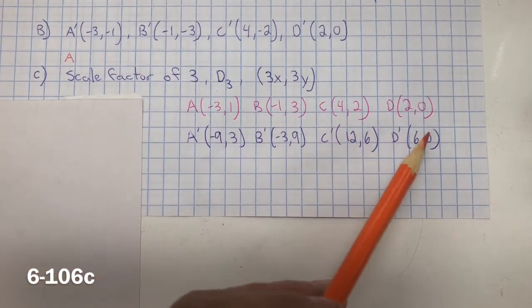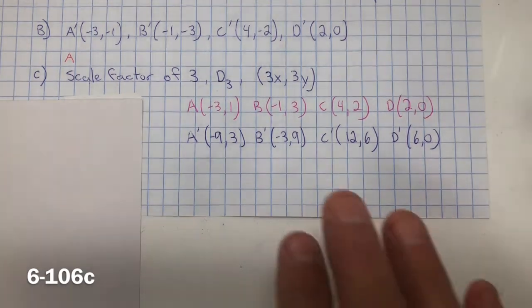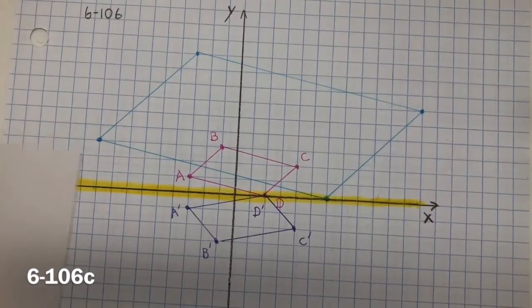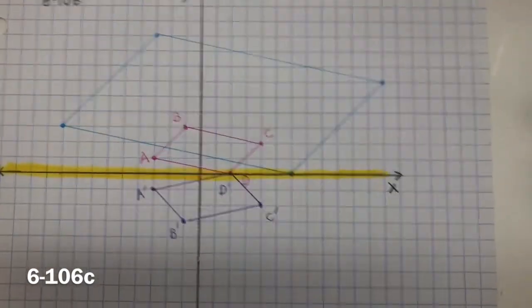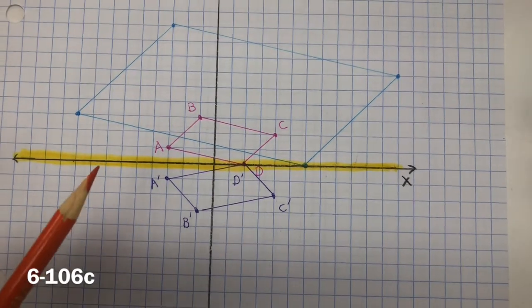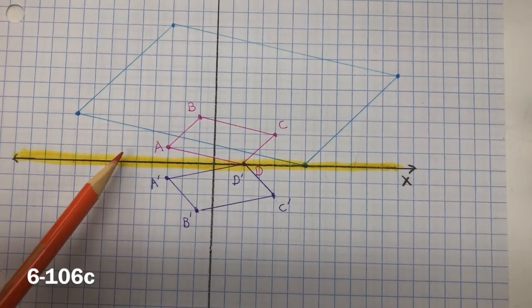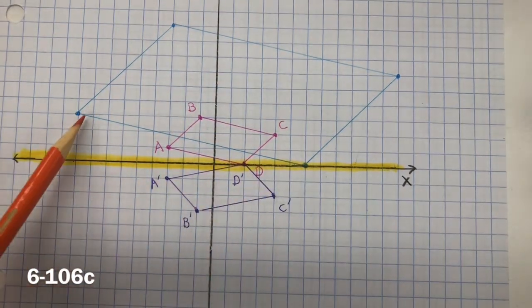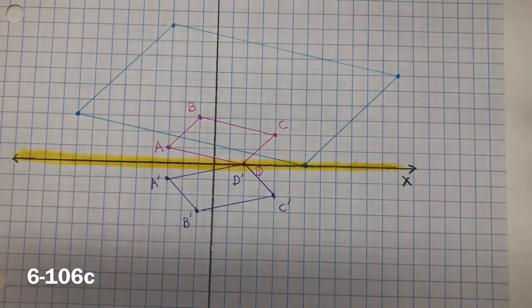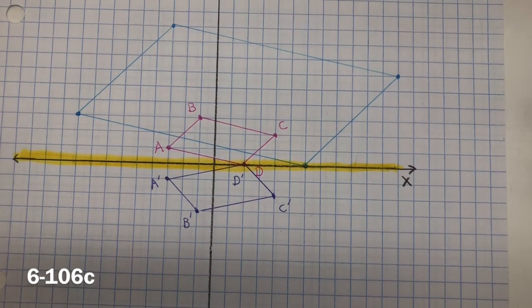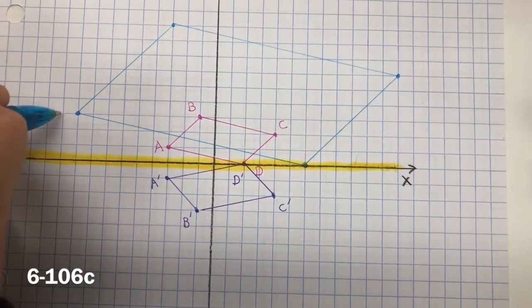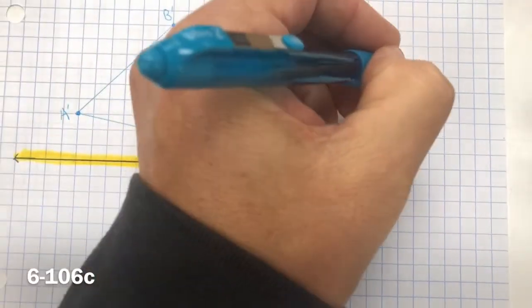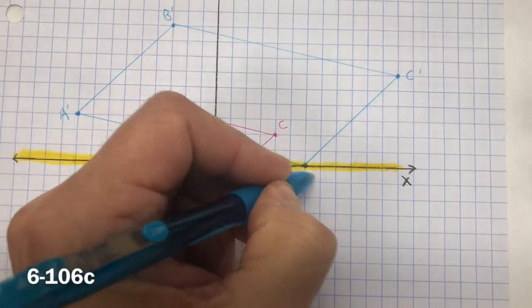And then we would do it for C and D. Then we'll take those coordinates and plot them on the coordinate plane, and you can see that it is 3 times greater. Here is A prime, B prime, C prime, and D prime.